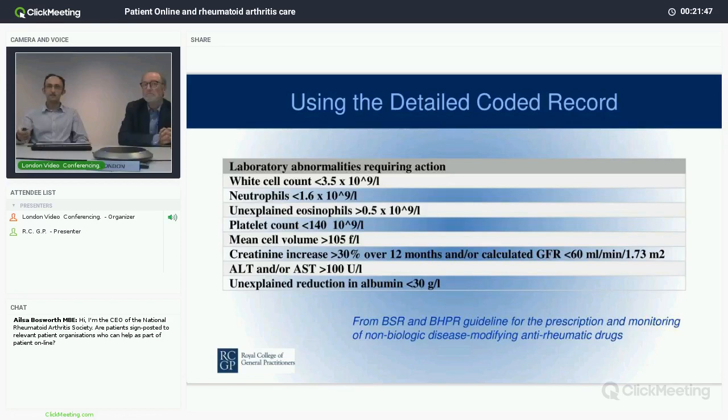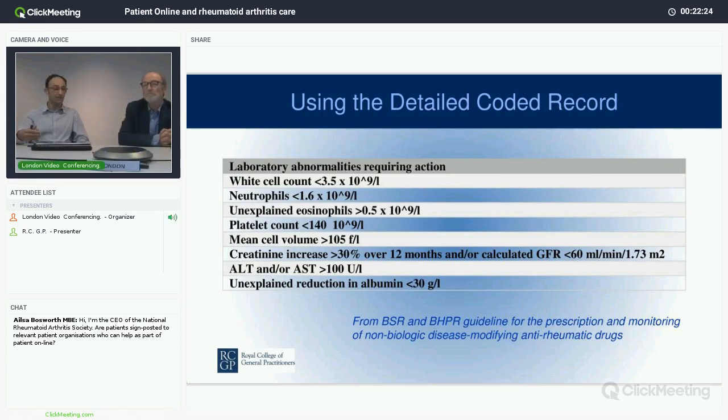So this slide here shows the current British Society of Rheumatology guidelines for what to look out for, and if your particular rheumatology or shared care agreement doesn't include a very specific set like this, I think it is safe to use this sort of set that's advised by the British Society of Rheumatology and NICE as a criteria or a safety net to allow patients to look to see if any of their results correlate with any of those.